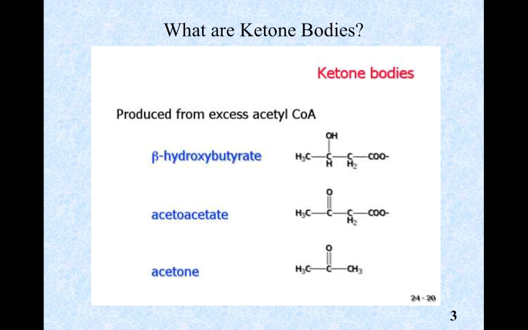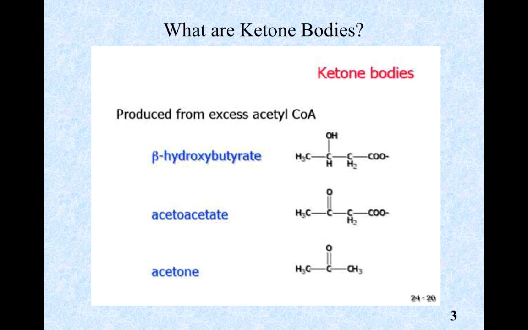Now you can see that these are all generally referred to as ketone bodies, but only 2 of them actually have a ketone chemical group, and that's acetoacetate and acetone. The reason beta-hydroxybutyrate is also included is because acetoacetate and beta-hydroxybutyrate convert back and forth.